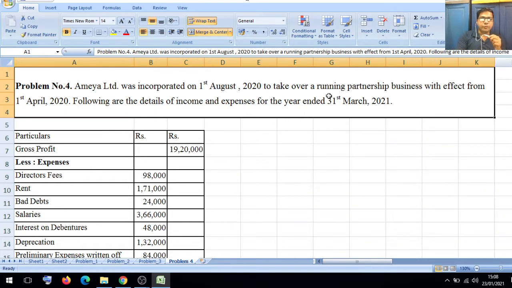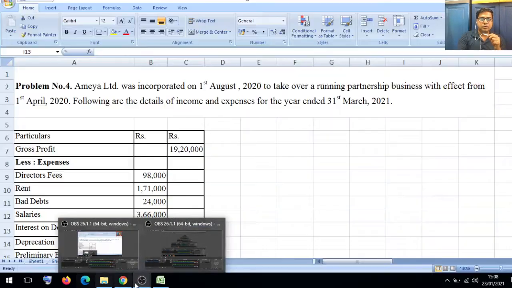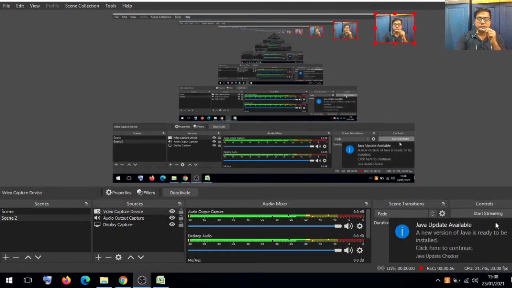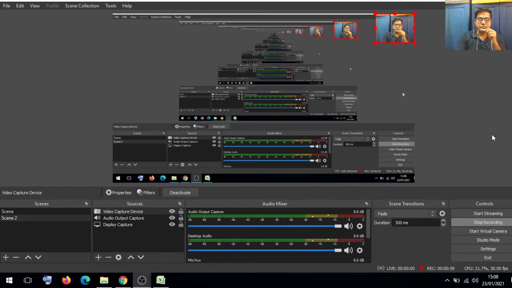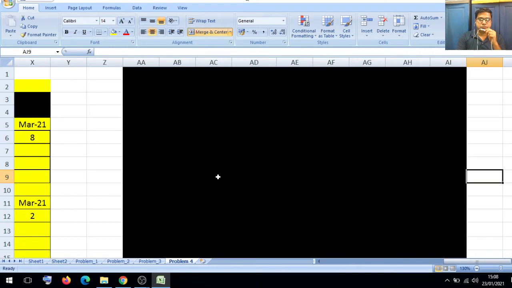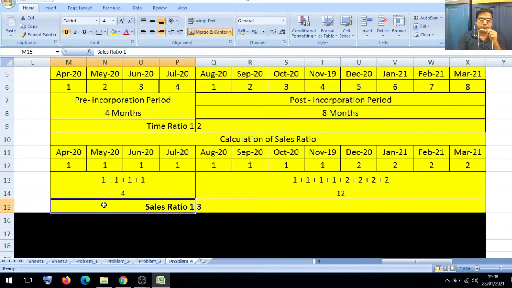In problem number 4, we solved how to calculate sales ratio and time ratio. Now we will move further. We got the time ratio 1:2 and sales ratio 1:3.